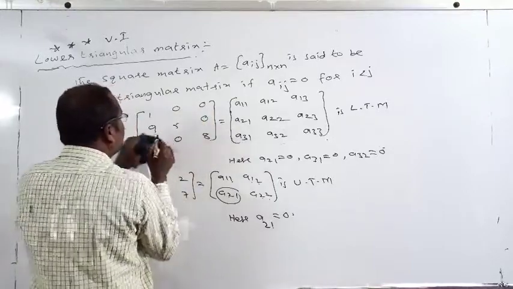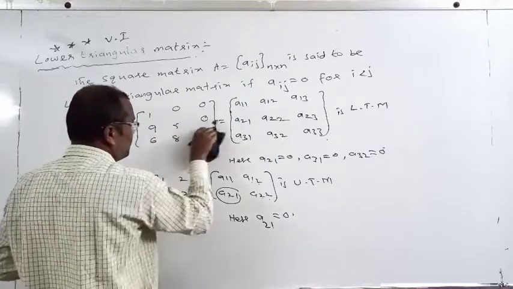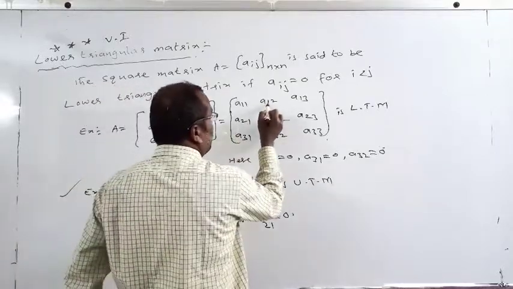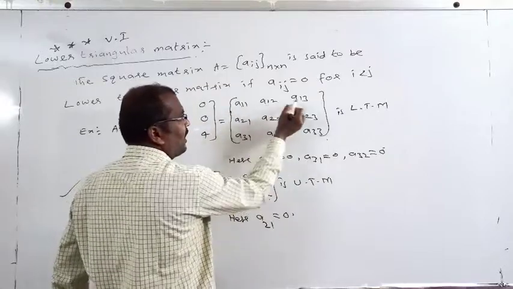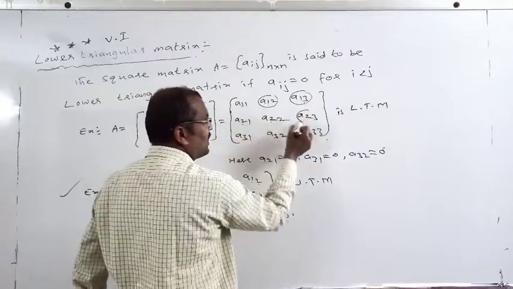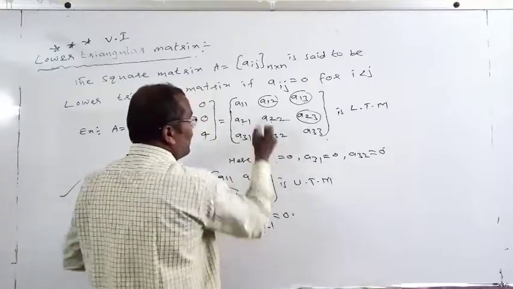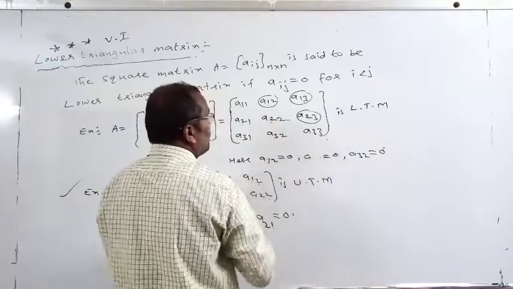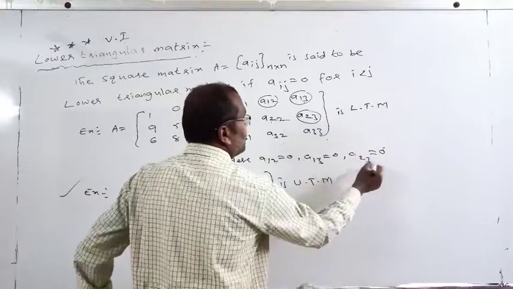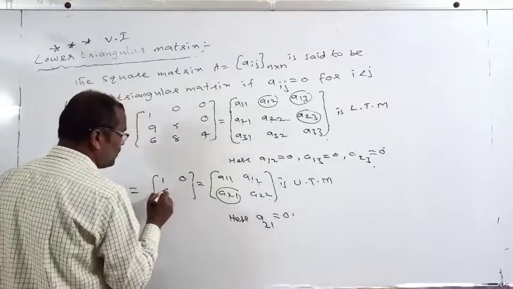So if it is a lower triangular matrix, see here: a21, a31, a32. Here the entries are 9, 6, 8, 4. Here i equal to j, and for i less than j the entries are 0 and 0. For i greater than j and i equal to j there are entries, but for i less than j it should be 0. So in a lower triangular matrix, a12 is 0, a13 is 0, and a23 is also 0. So here, 0, 6, 8.